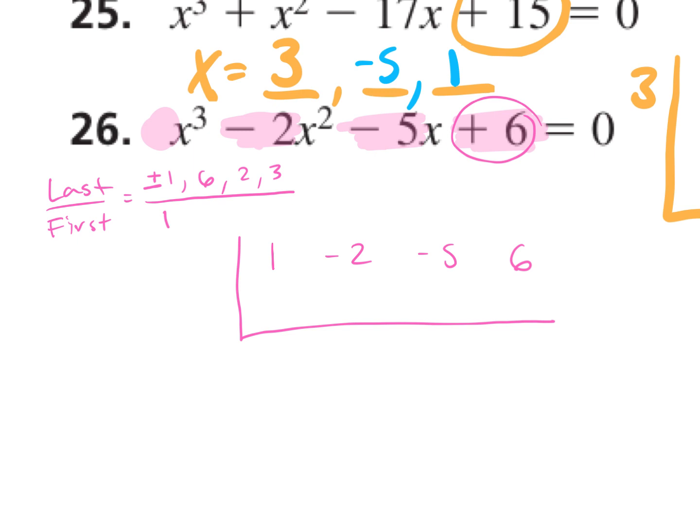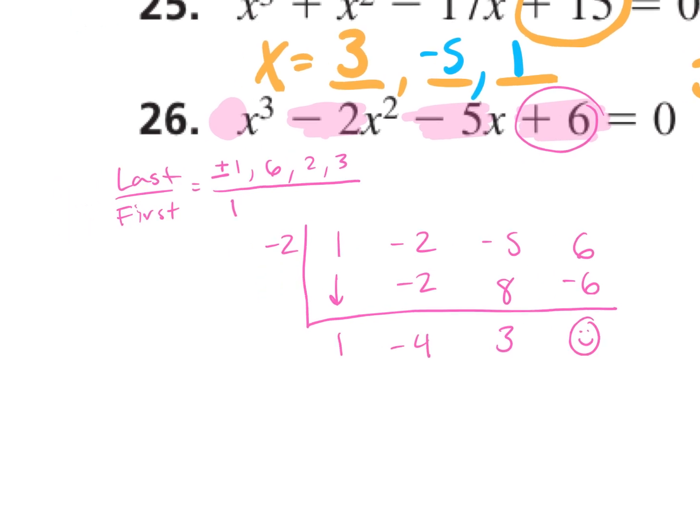What do you want to try first? -2. So drop down the 1, multiply, add, multiply, add, multiply. Does it work? Yes. So one of my answers is going to be -2.